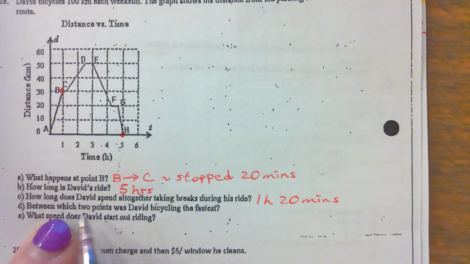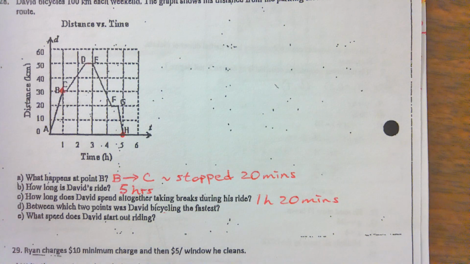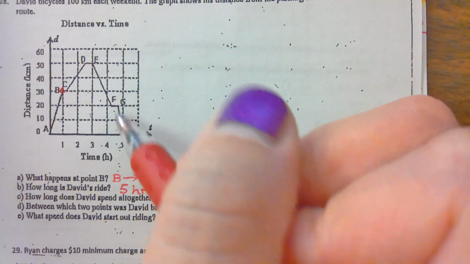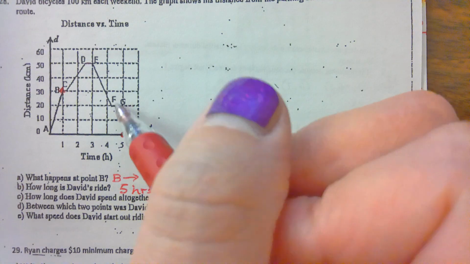Okay. Between which 2 points was David the fastest? Where was he riding the fastest? Just by eyeballing. Yep, A to B. Anyone else? Yep, G to H. I would say G to H because it seems more steep.